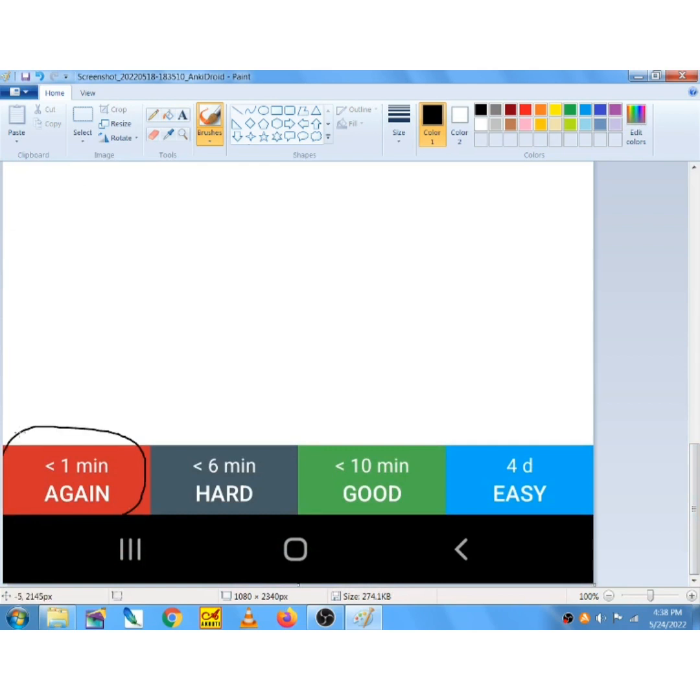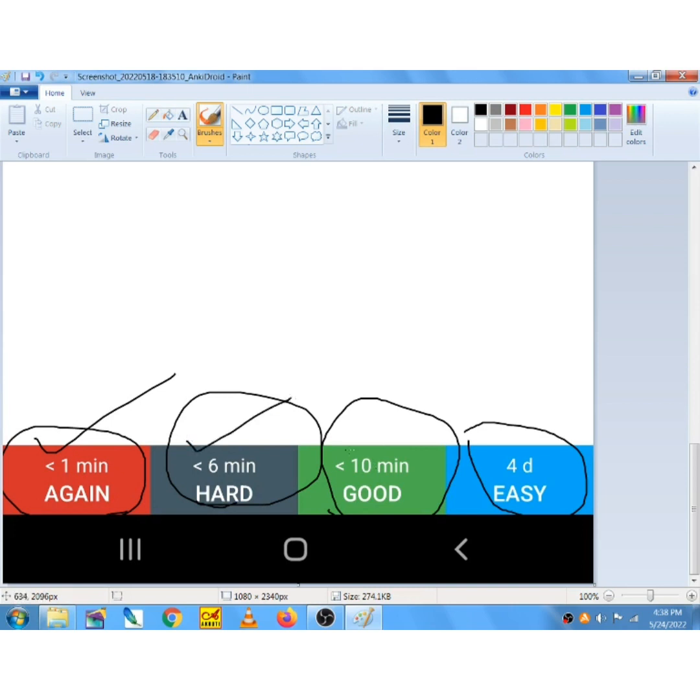You will be provided this answer when you choose the show answer tab, and again there will be these 4 options below. When answering the question, it will be based on how much time it has taken you for answering the question. If you didn't answer the question, you must select this option. If you had a little difficulty but still got the answer right, then you can choose this option. If you got the answer right easily, then you can choose this option.